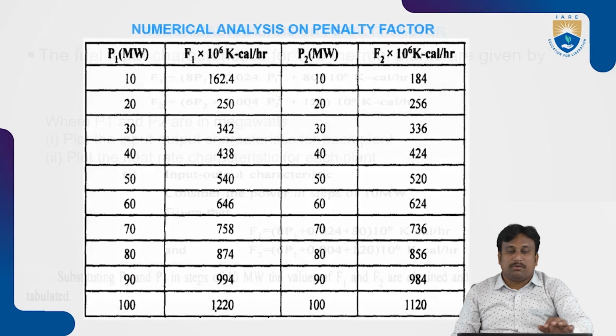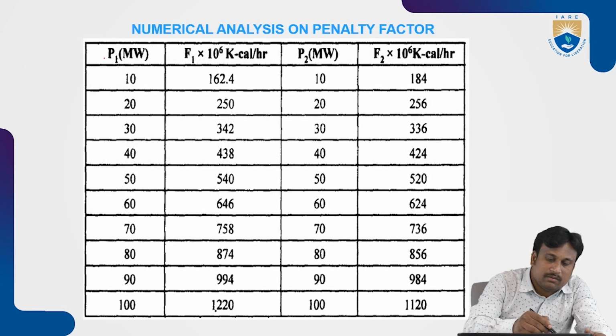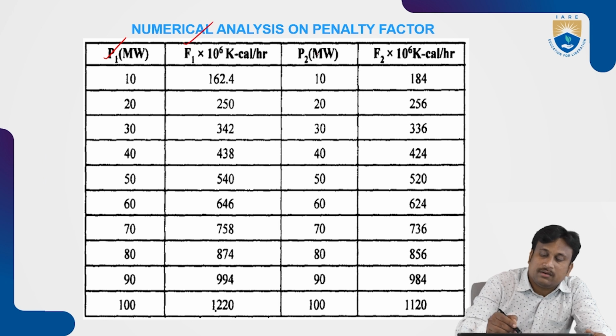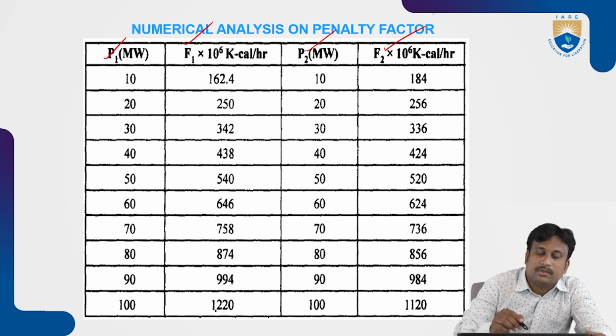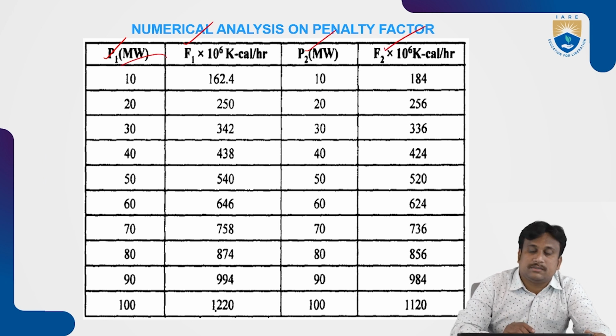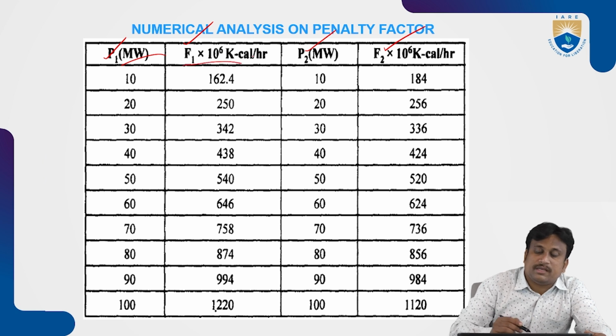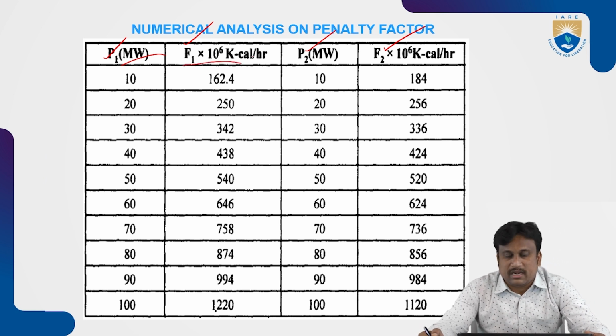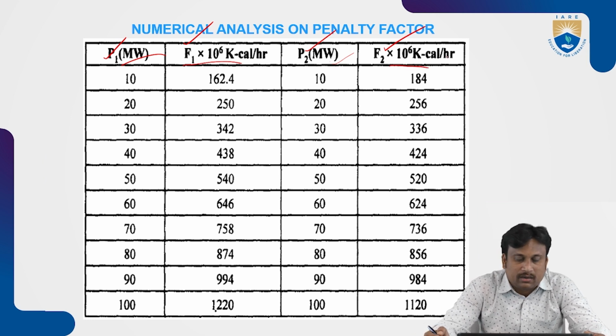This table explains it better: P1 in megawatts, F1 in 10 power 6 kilocalories per hour, P2 in megawatts, and F2 in 10 power 6 kilocalories per hour.